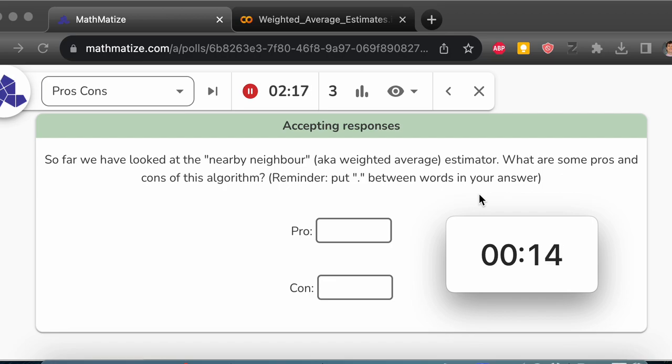Okay, who needs more time? Put your hand up for more time. Okay, only one person needs more time. I'll give 30 more seconds.